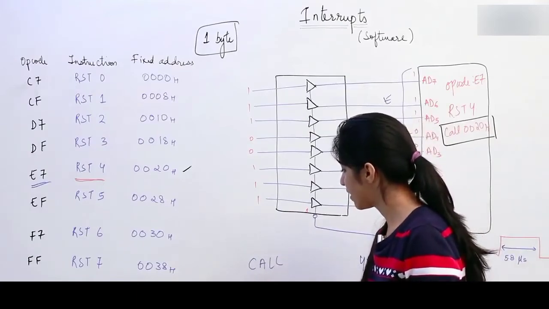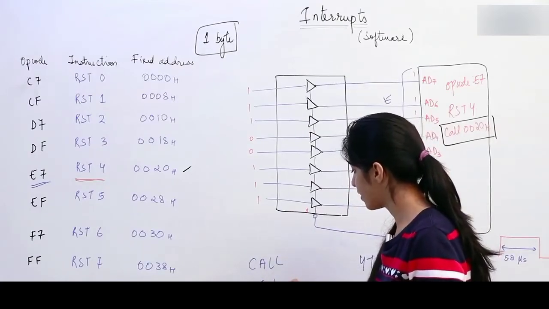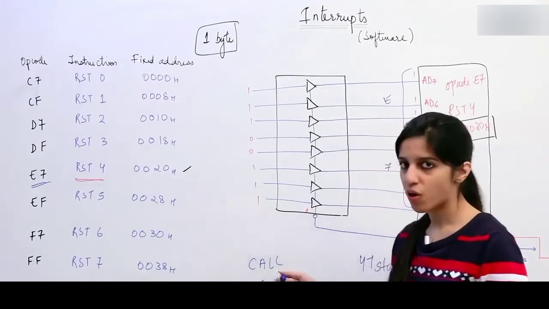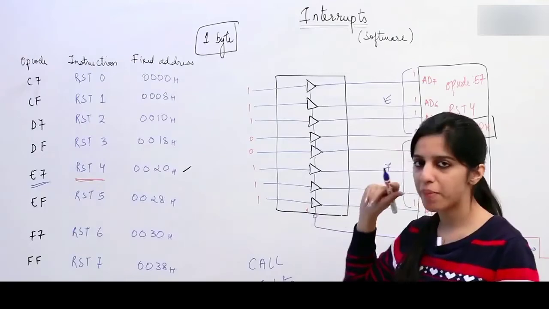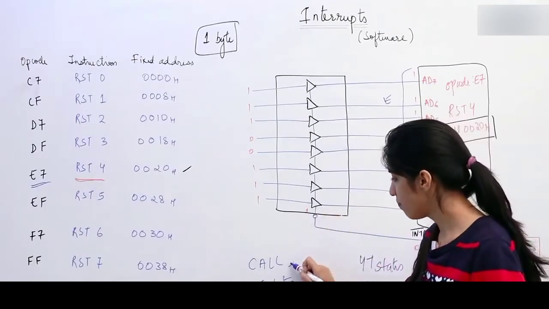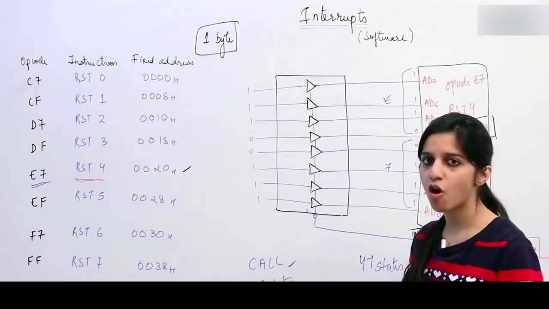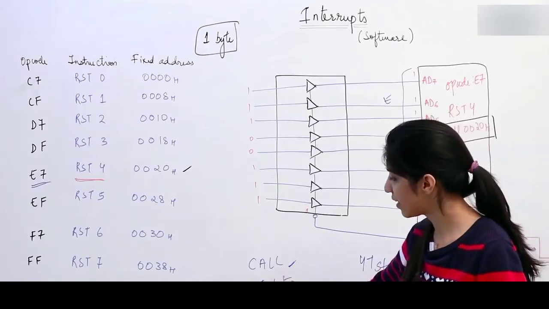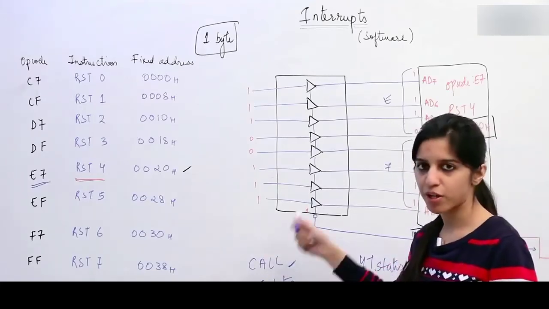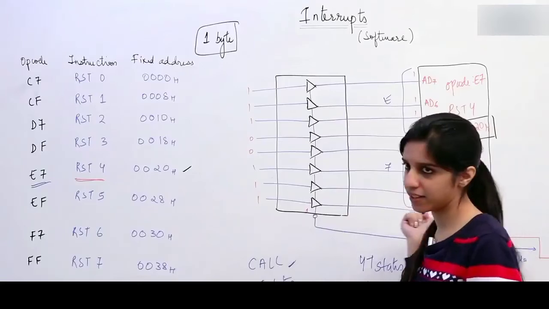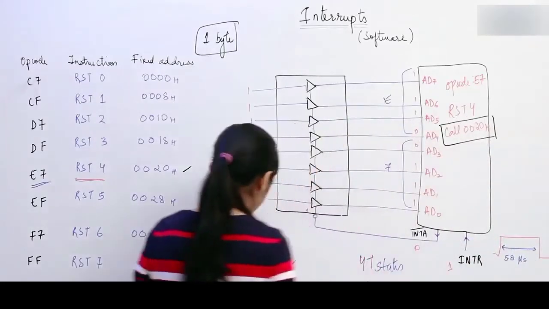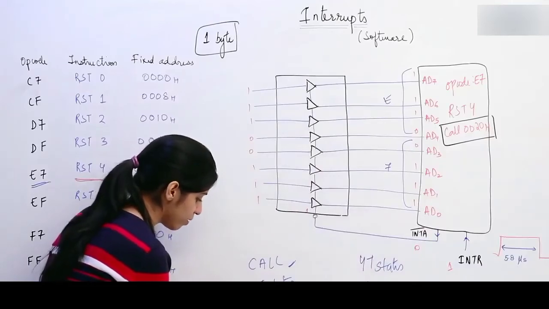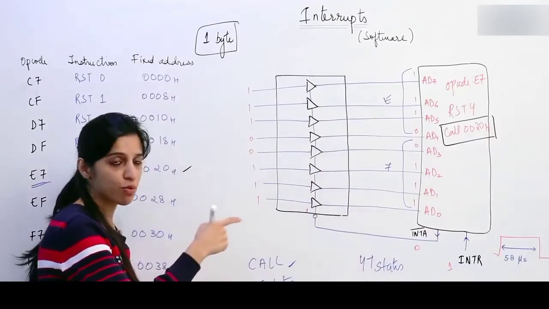Call has 18 T states, it is the longest instruction. So if by any chance call has come, before the finishing of the call instruction, before the 18th T state, the microprocessor is going to check for INTR. So the minimum length of INTR should be, we suppose that in the 17.5th cycle it is going to check.